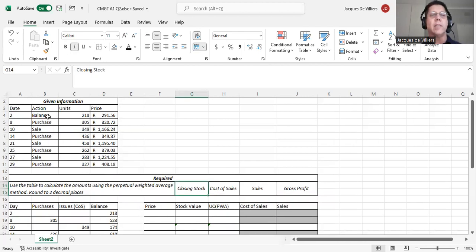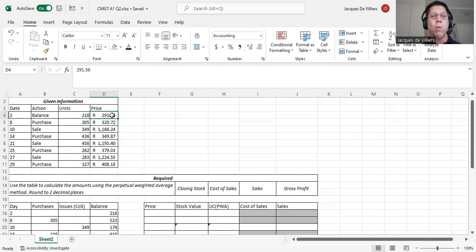So what that was telling us is that what we have on balance, that 218, is valued at 291 Rand a unit. That is what we value it at. So every time we make a sale, we will take the sales price, multiply it by the number of units, but then we'll also have to look at the cost price that we have for the stock that we have on hand, multiply that by the number of units sold, and that will become our cost of sale.